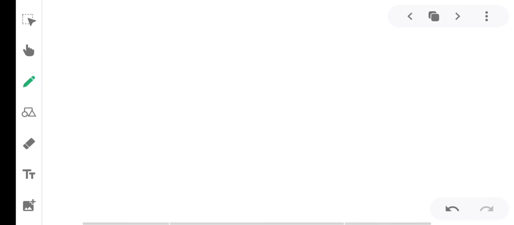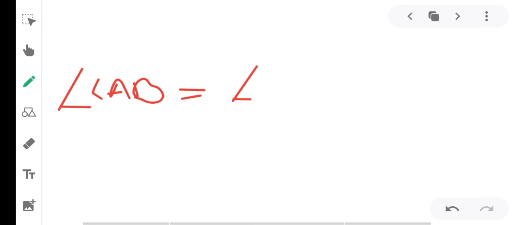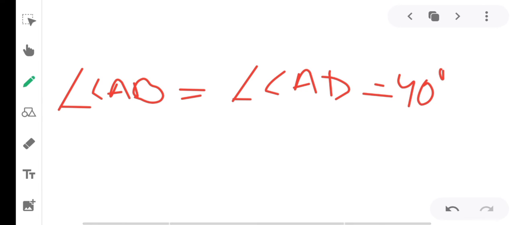Okay, so write angle CAB equals angle CAD equals how much? 40 degrees.